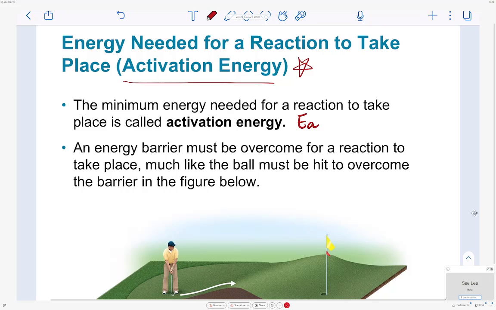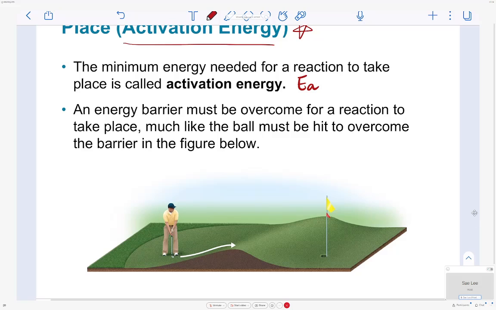The diagram here is showing a golfer hitting the ball to make the ball move over the hill, in the direction to the cup. The hill is a barrier between the ball and the cup. Enough kinetic energy is needed for the ball to pass the hill and get inside the cup.